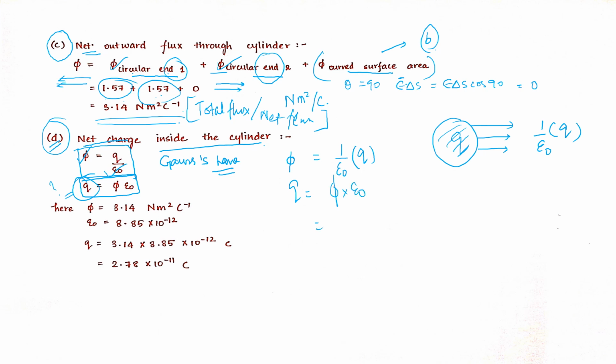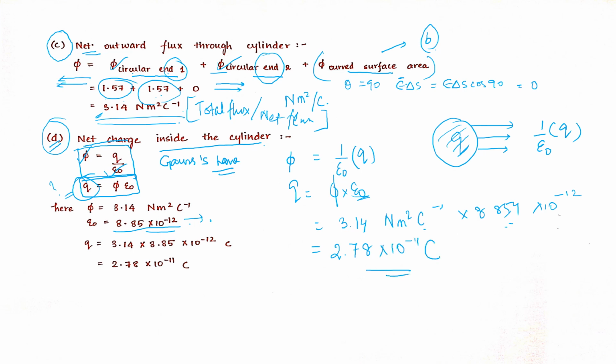The value of flux comes from here, it is 3.14 Newton meter square per coulomb. Similarly, the value of epsilon naught is a constant, 8.854 into 10 to the power minus 12. We multiply both and get the answer 2.78 into 10 to the power minus 11 coulomb.